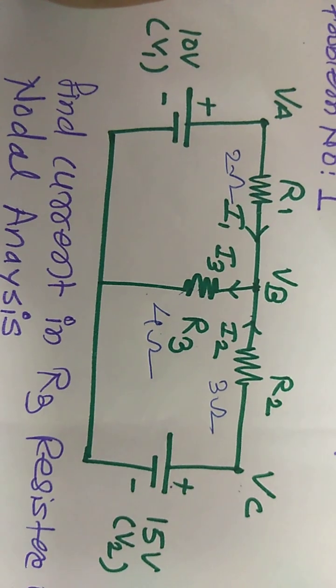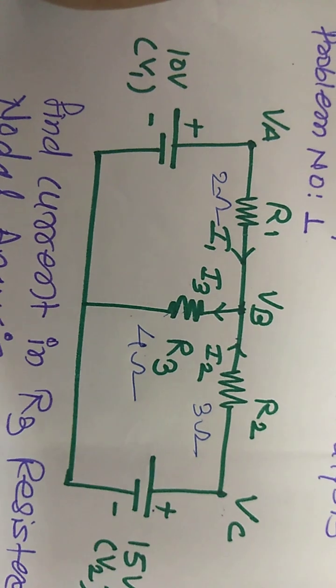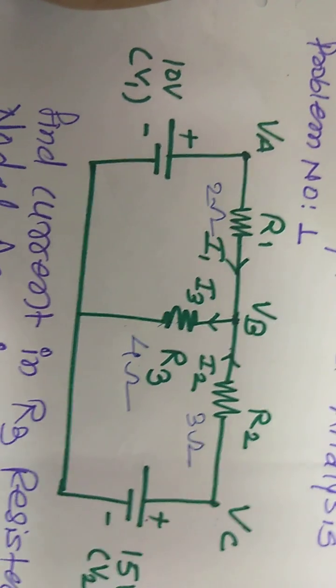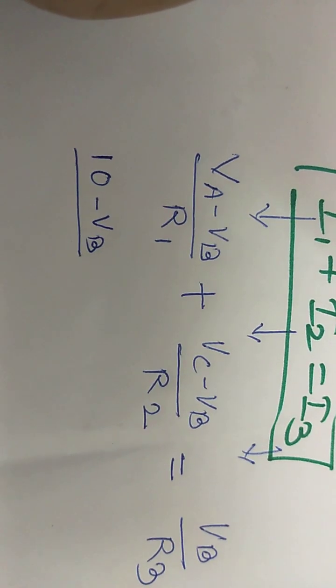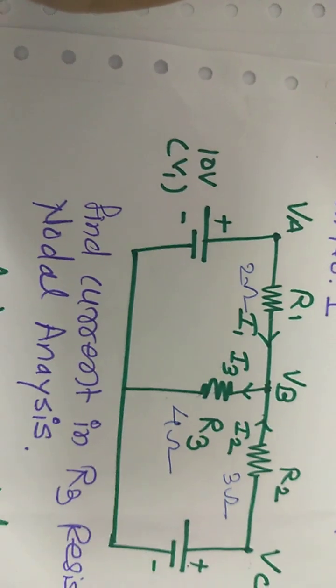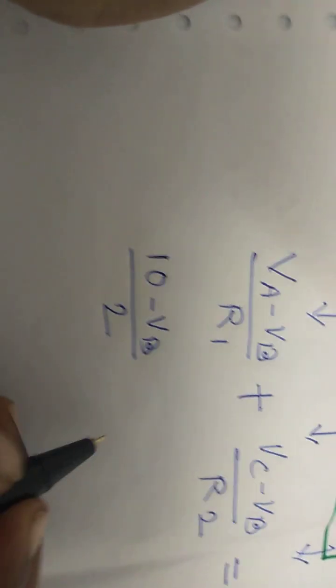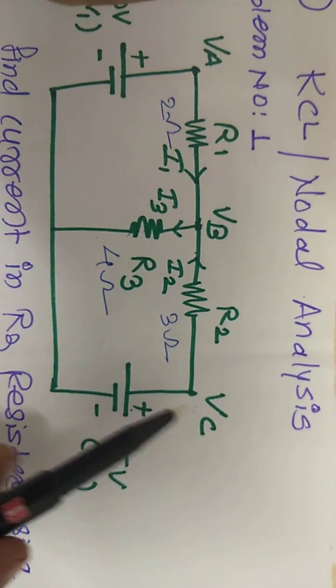So V is the voltage connected across the 10 volt. Hence we represent VA minus VB as 10 minus VB divided by the resistance value, which we take as 2 ohm. Hence take the 2 in the equation. Similarly take VC. What is VC?